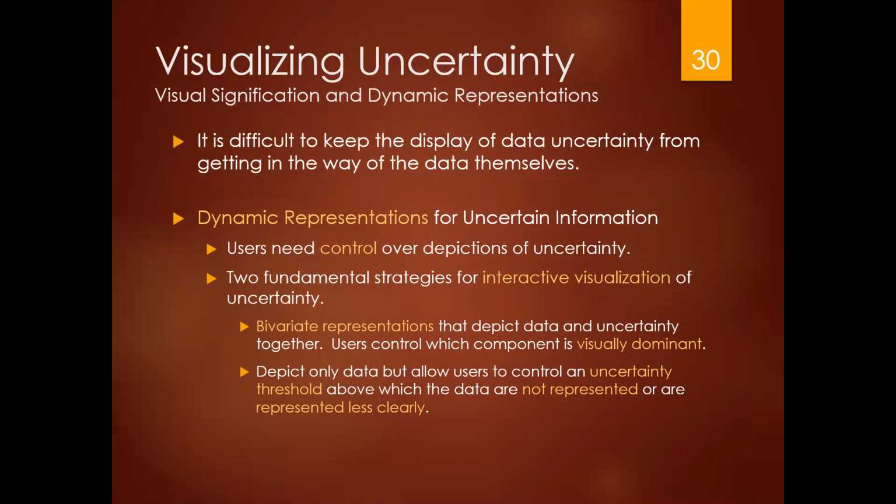Your users can assign a specific threshold for uncertainty and say that if the actual data within a specific area has an uncertainty higher than the threshold, then I cannot tolerate that. You should just hide them. I only want to see the areas with less uncertainty. That's called the threshold method.